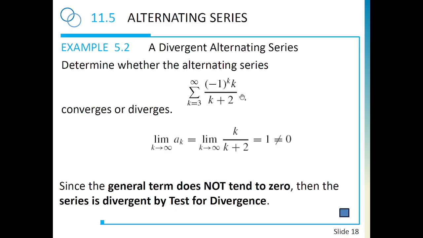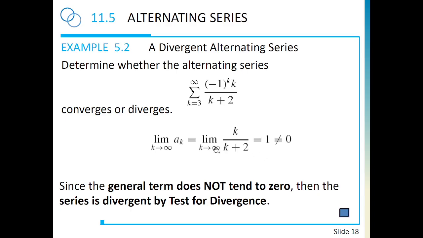Another alternating series, we see the sign that is changing, and the general term is k divided by (k plus 1) plus 2. We compute the limit, we find the limit is 1, it's not 0. We know that when the limit of the general term is not 0, by divergence test, the series is divergent.